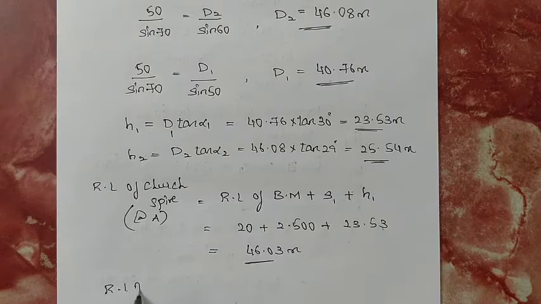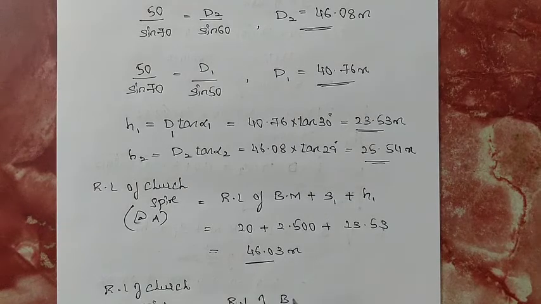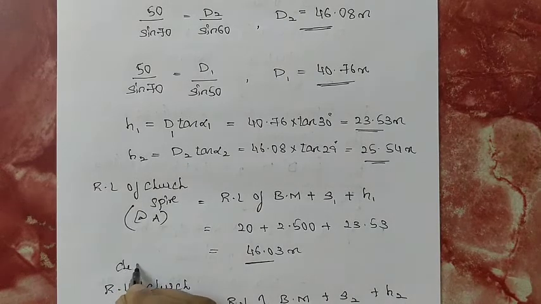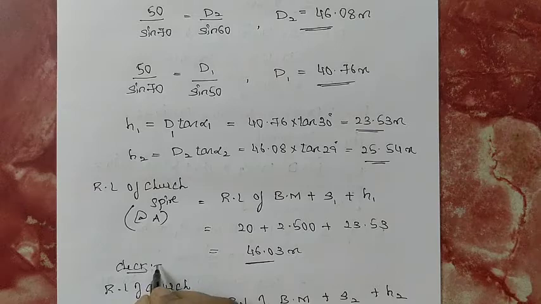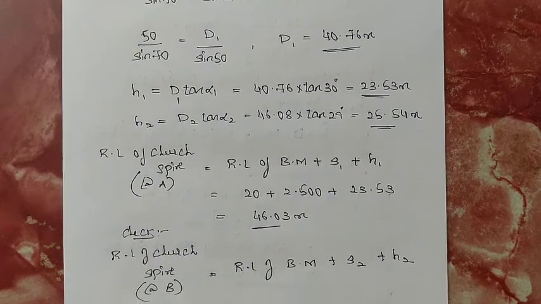Okay. Similarly you can apply the check when the instrument is at B. Calculate the RL of the church spire. RL of church spire, when the instrument is at B, will be equal to RL of benchmark plus S2 plus H2. This is what you can apply here as a check.